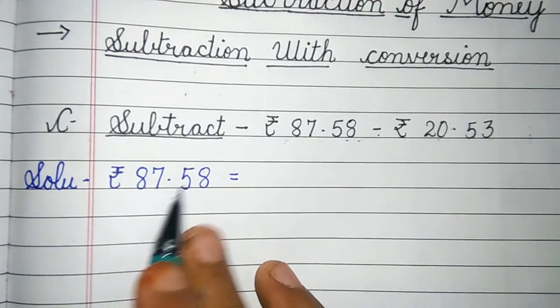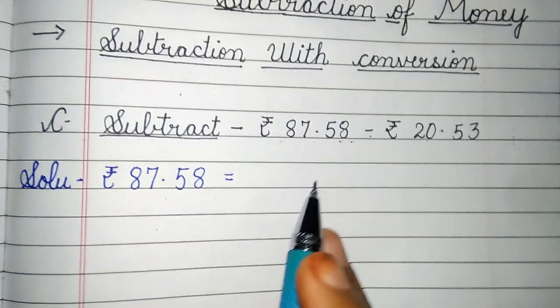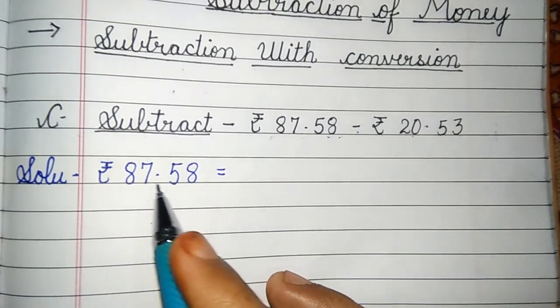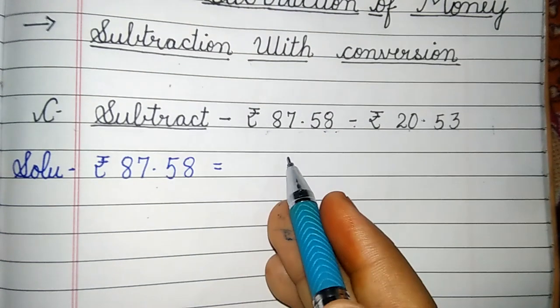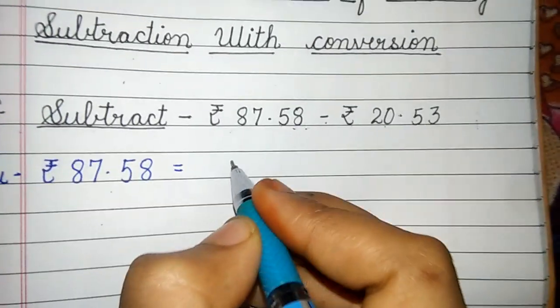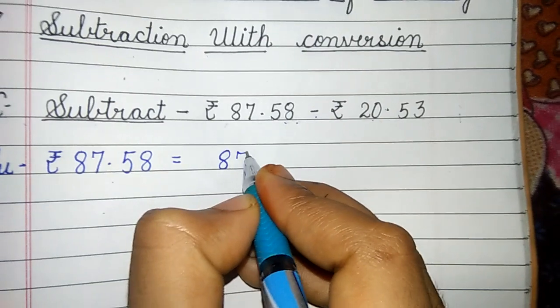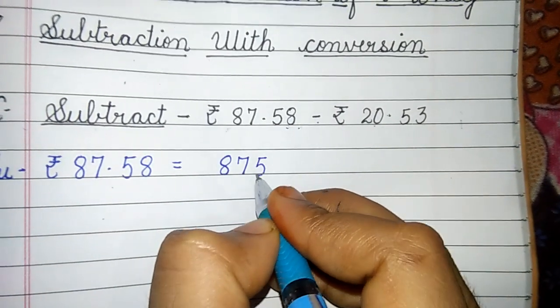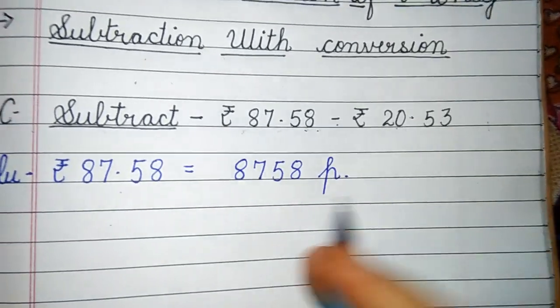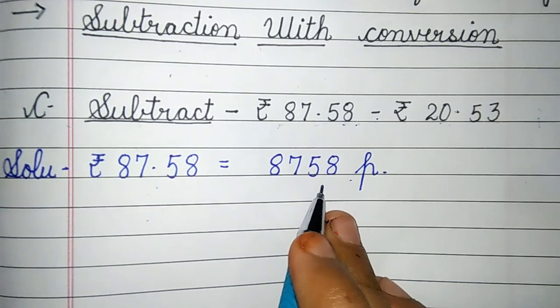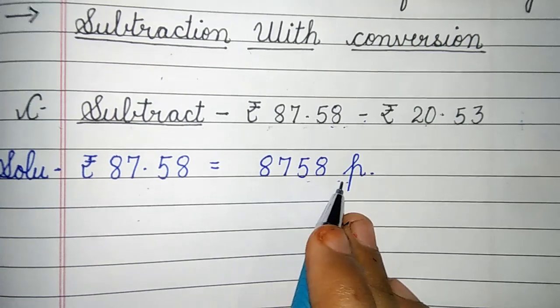Now we have to convert into paise. So for this we have to remove this dot. Then it will convert into paise. 8,758 paise. You can see that it has converted into paise.